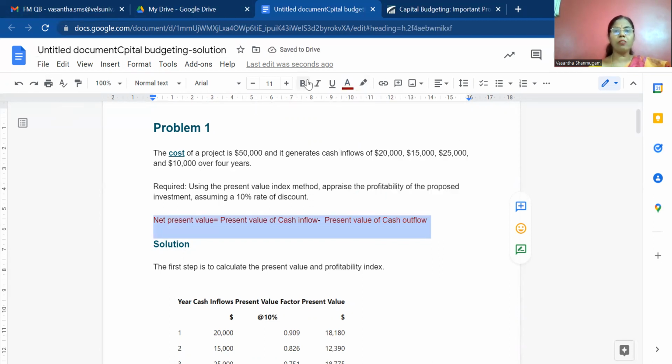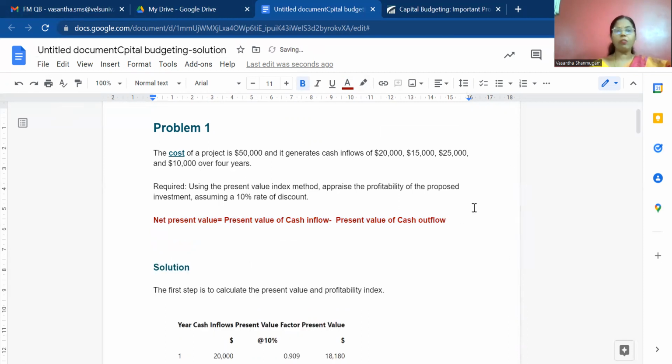Then another thing you are asked to calculate is the profitability index method.